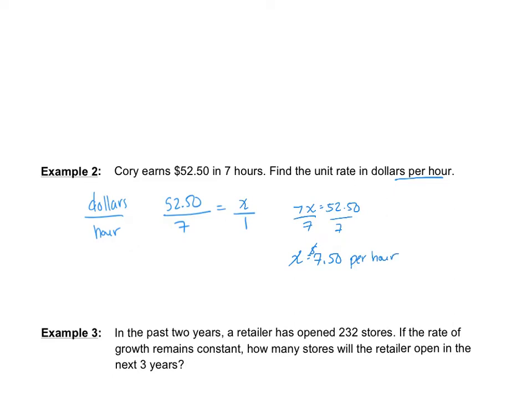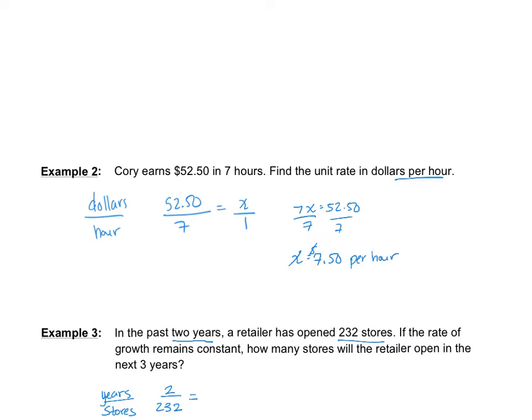Example 3, in the past 2 years, a retailer has opened 232 stores. If the rate of growth remains constant, how many stores will the retailer open in the next 3 years? So my two units that I'm talking about are the amount of years and the amount of stores. So years to stores. At first it says in 2 years, they opened 232 stores.